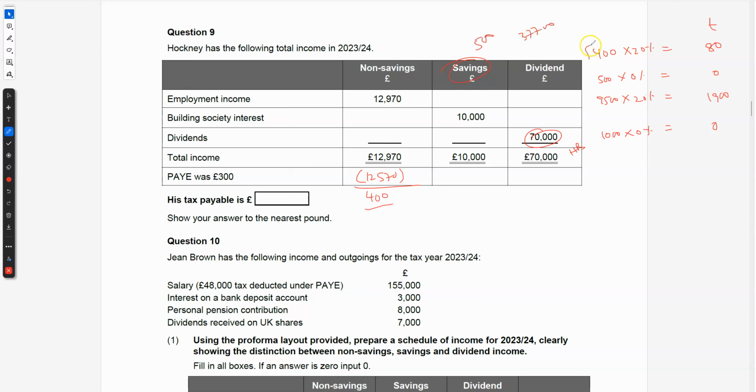I need to minus all this to find out how much is the remaining balance we have. So we have 37,700 minus 400 minus 500 minus 10,000 minus 1,000, 26,300.